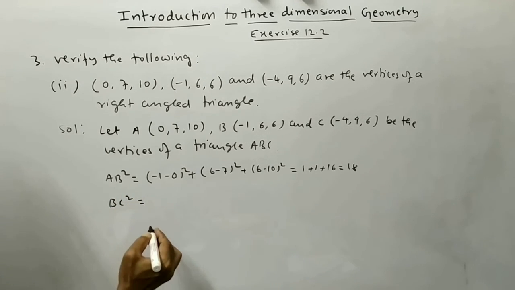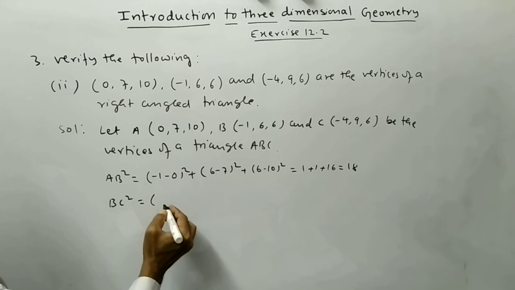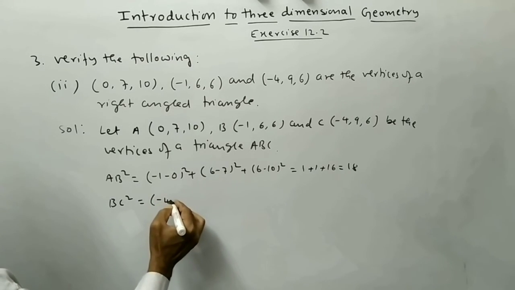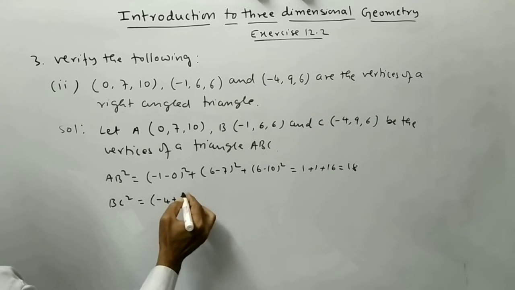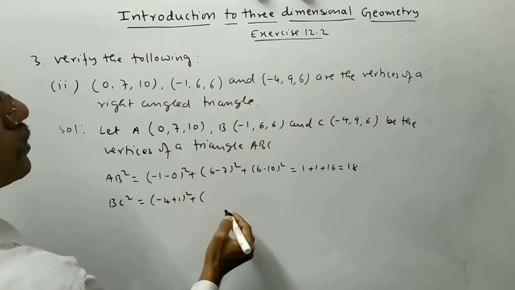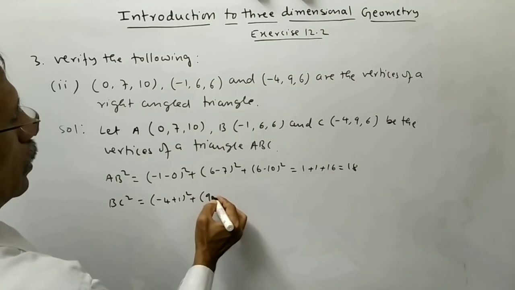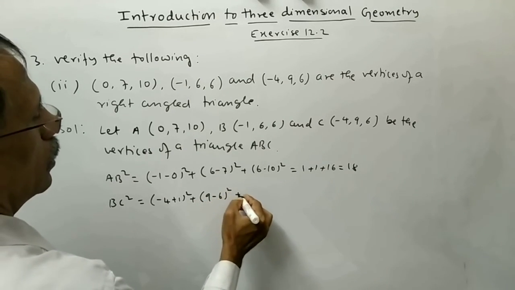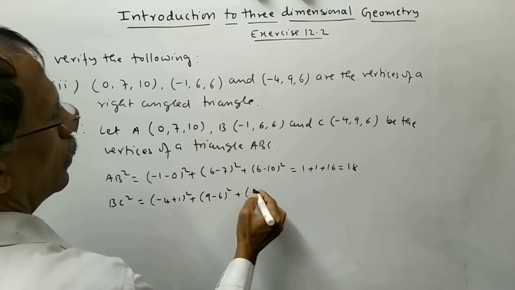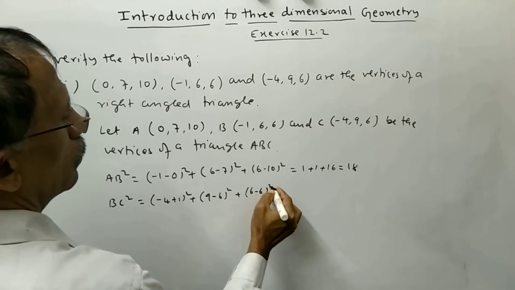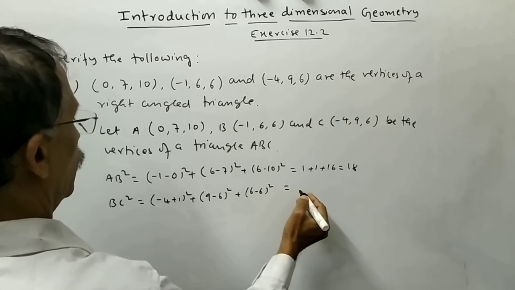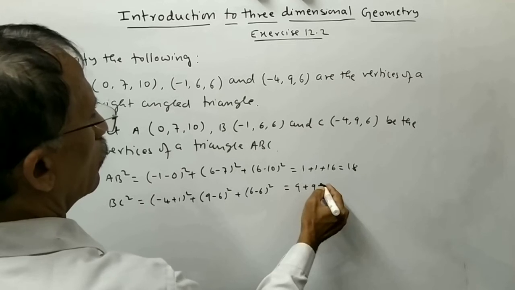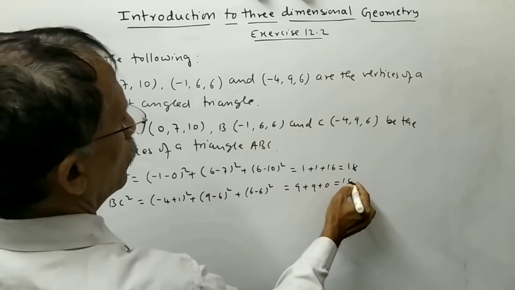BC square is equal to -4 plus 1 whole square plus 9 minus 6 whole square plus 6 minus 6 whole square, is equal to 9 plus 9 plus 0, is equal to 18.